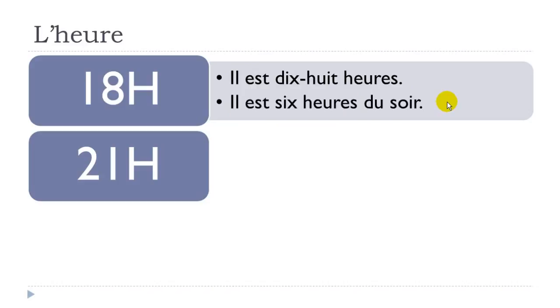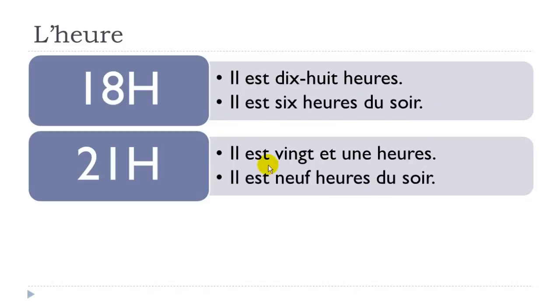Okay? And now, il est 21 heures. So you don't say un, you say une, so 21, just because heure is feminine, so that's the reason why you've got to put this feminine form here. Il est 21 heures. Alright, or then the other option, il est 9 heures du soir.